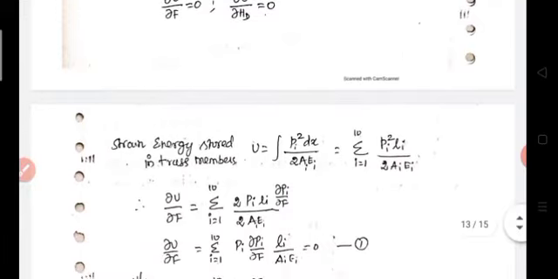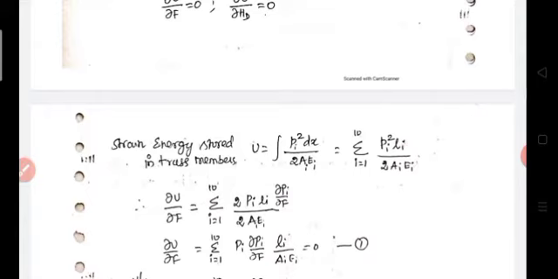Therefore the strain energy is stored in the axially loaded members. For a truss member, strain energy is equal to the integration of P squared dx divided by 2AE. For the total truss, the summation over i equal to 1 to 10, since there are 10 members, of Pi squared Li divided by 2 Ai Ei.